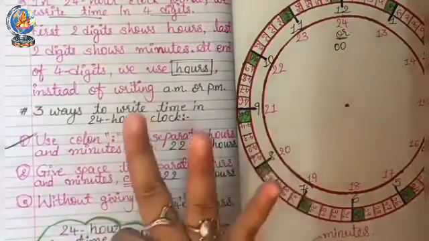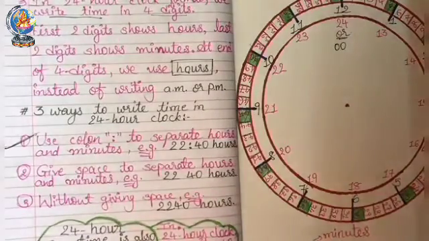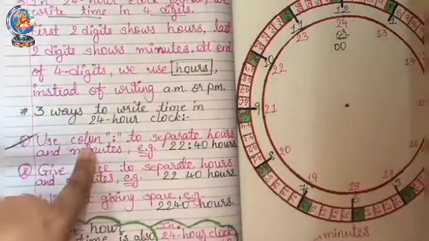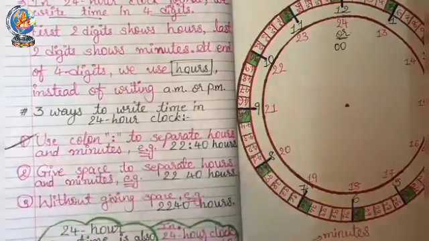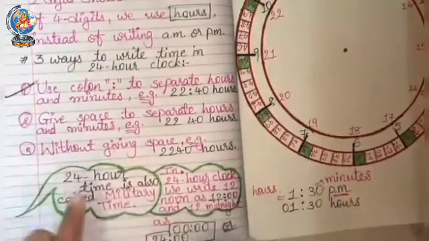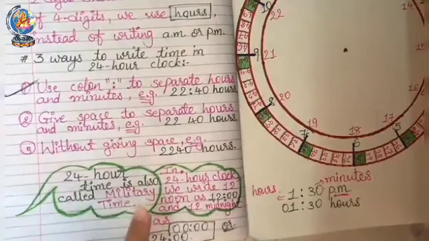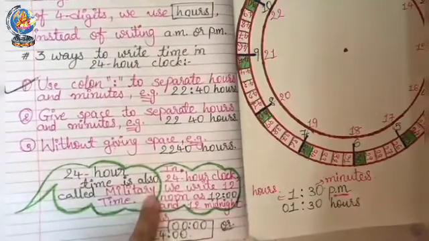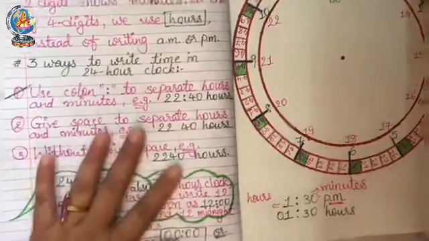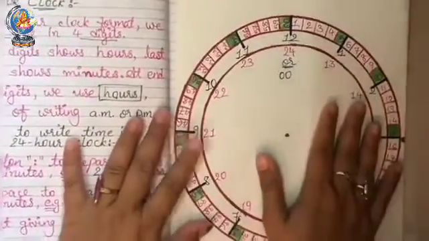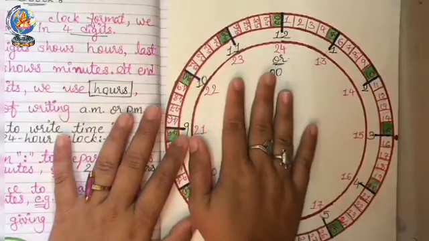But the commonly used way is the first one, separating with a colon sign. I also gave you that 24-hour time is also called military time. Remember this; I am going to ask you questions regarding these 2 sentences. And I showed you the clock. This kind of clock you have to draw. I will send you the worksheet also. Okay? Fine? Clear?